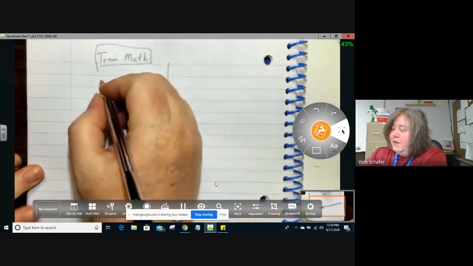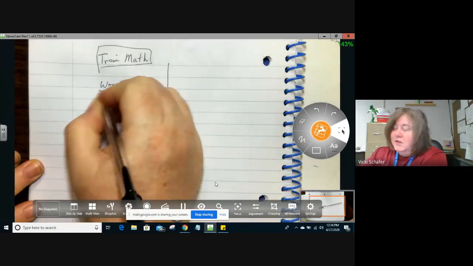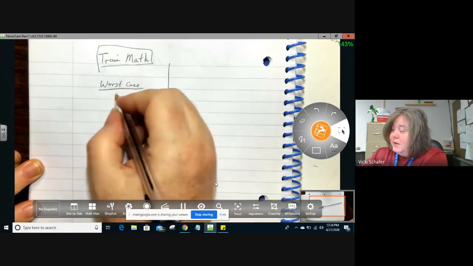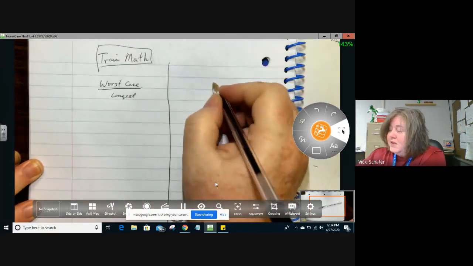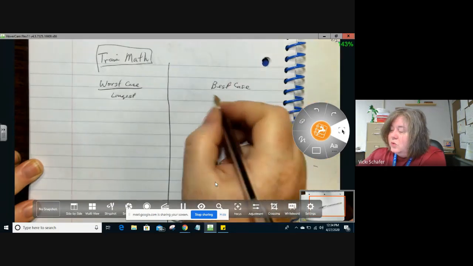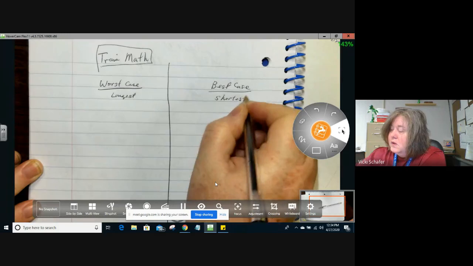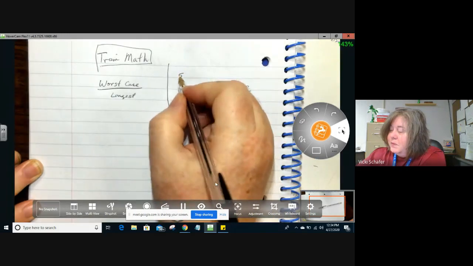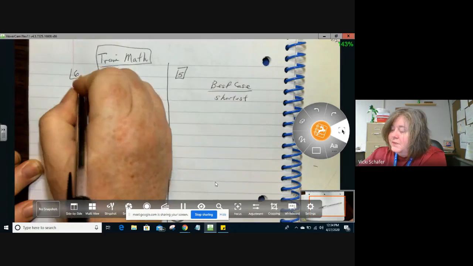We're going to have the worst case scenario, which is the longest period of time. And we're going to have the best case, which is the shortest. The shortest is actually problem number 5. The longest is problem number 6.